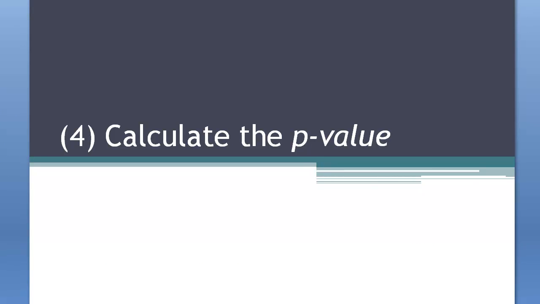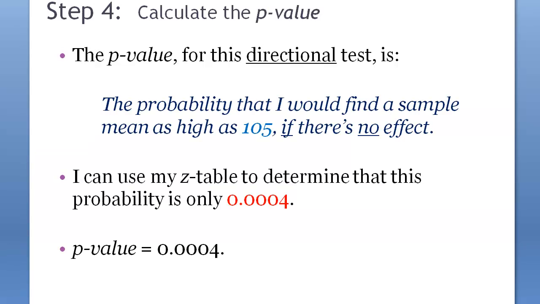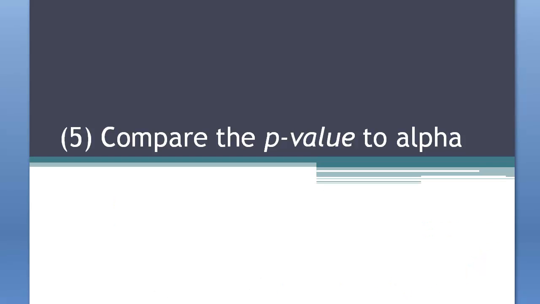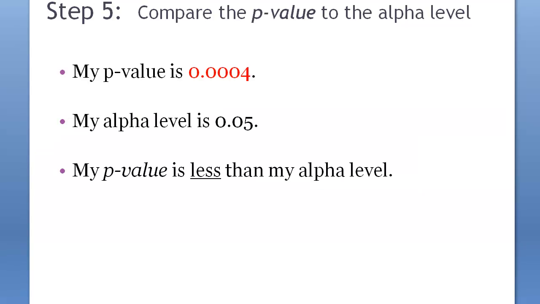And for step 4, calculate the p-value for that. And the p-value was 0.0004, for that 3.33. So that's step 4. And step 5, compare the p-value to alpha, and alpha was 0.05.